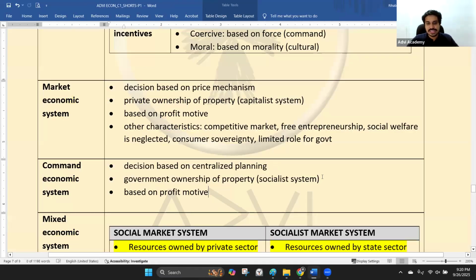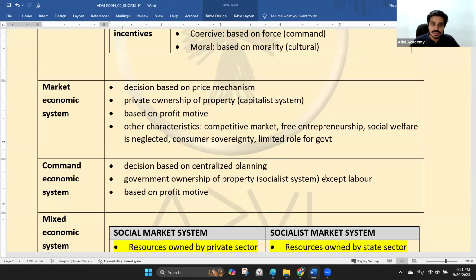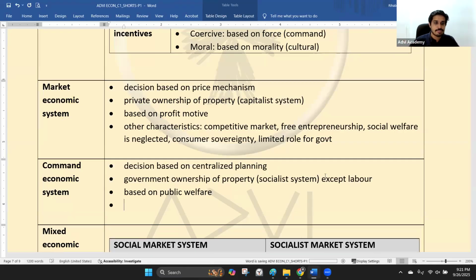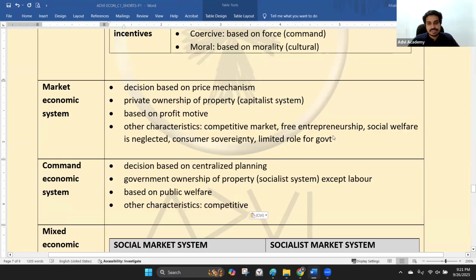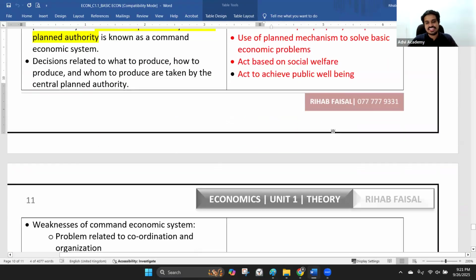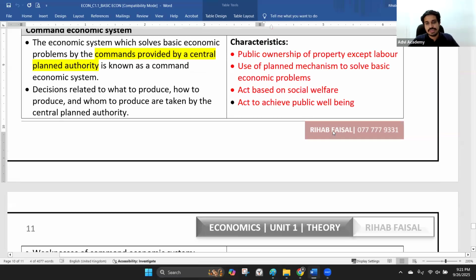Labor, yeah, we have to say that, except labor, because people can't own the people, no. Government can't own the people, no. Right? So based on public welfare, which means social welfare, like looking after the public kind of thing. And then other characteristics, right, it's based on social welfare, public well-being.